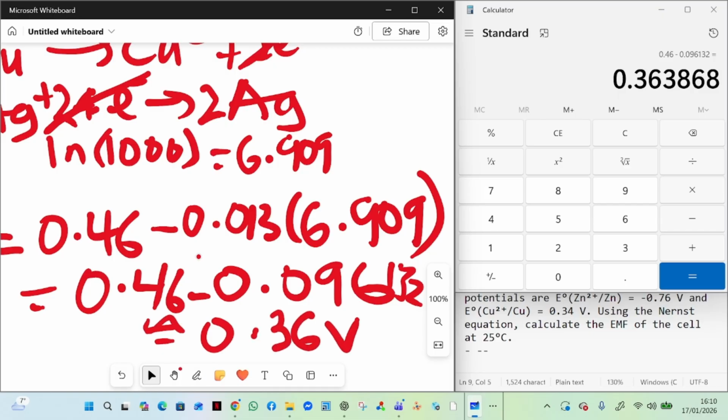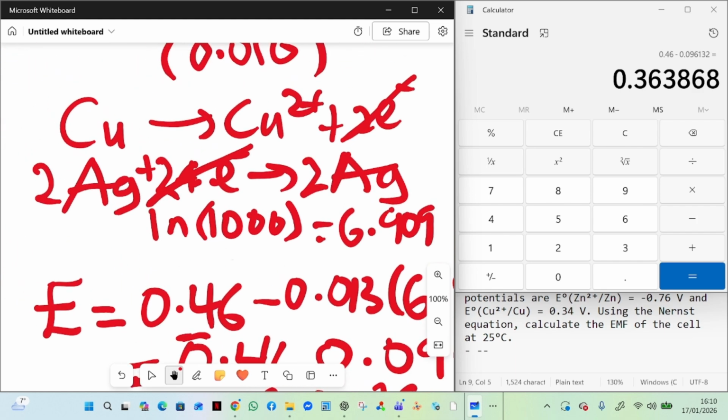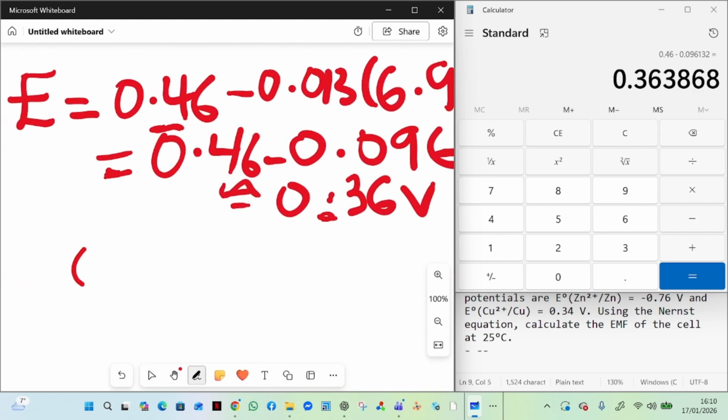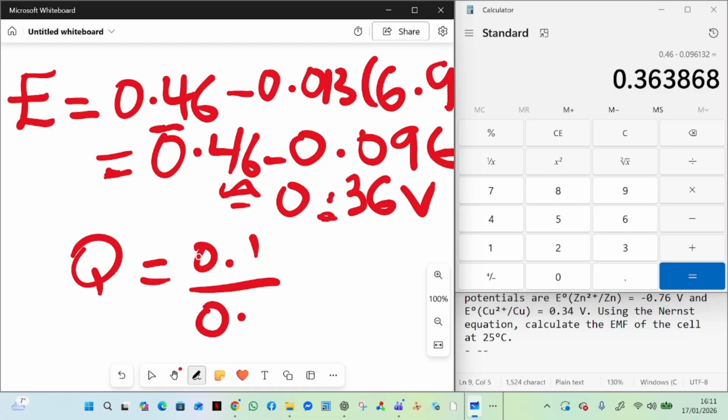0.36 volts. We see a reduction in the voltage because, for the standard condition, the voltage is 0.46, but under these conditions we had 0.36. We can clearly see that it's because of the reaction quotient: we have a higher concentration of the product, which was 0.1, and the reactant was rather 0.01 to the power 2.